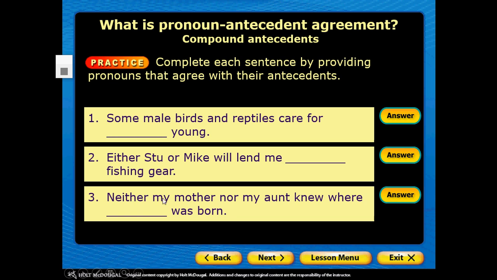So neither my mother nor my aunt knew where she was born. Again, we're talking about a singular and we're talking about a female, so feminine. Because there's mother, which is feminine, and aunt, or auntie, which is a woman.